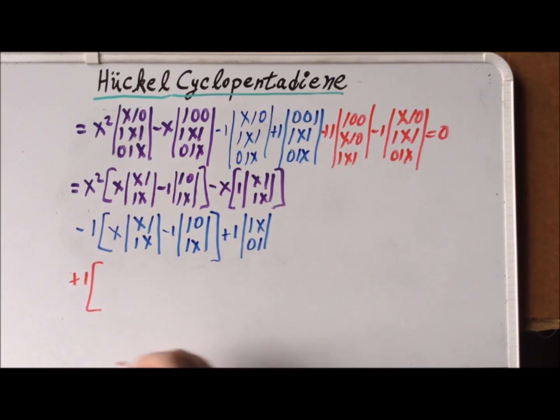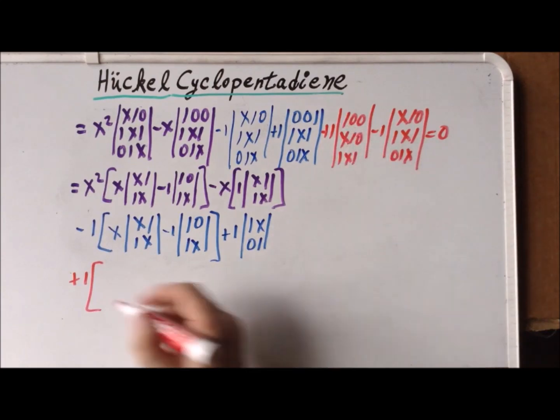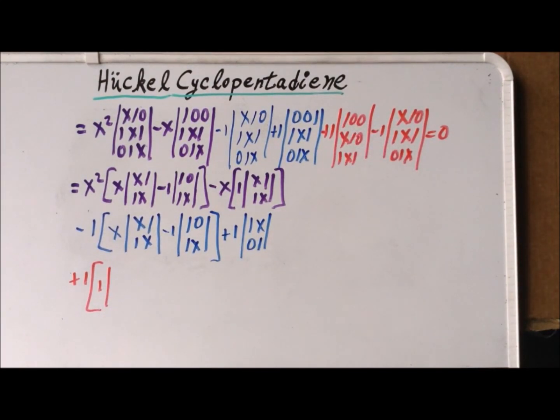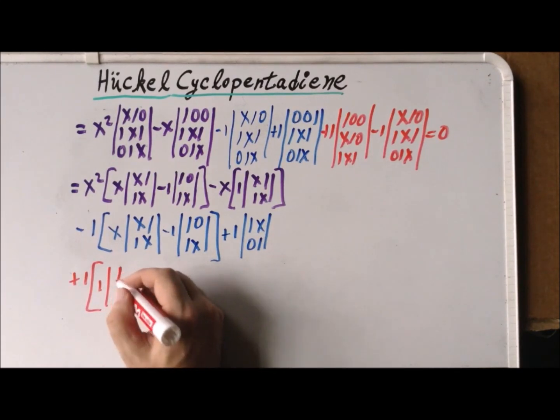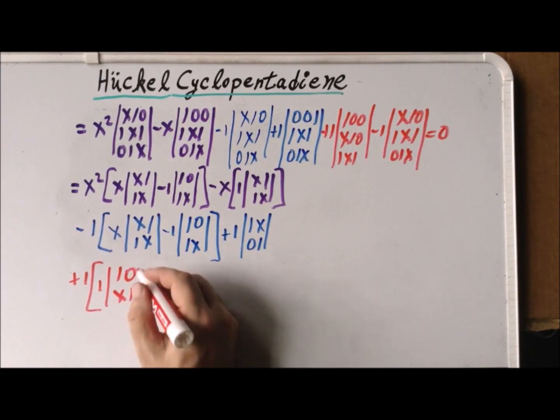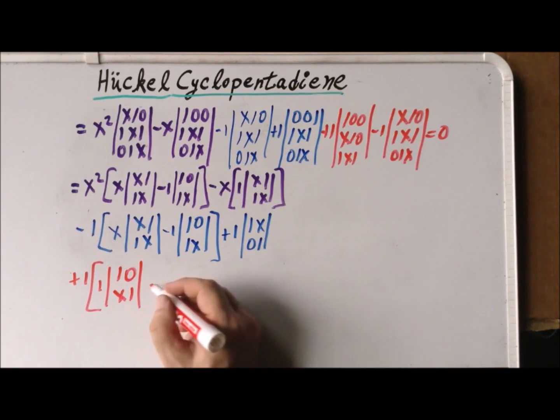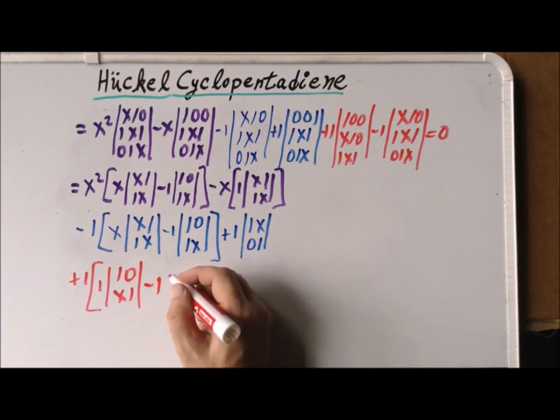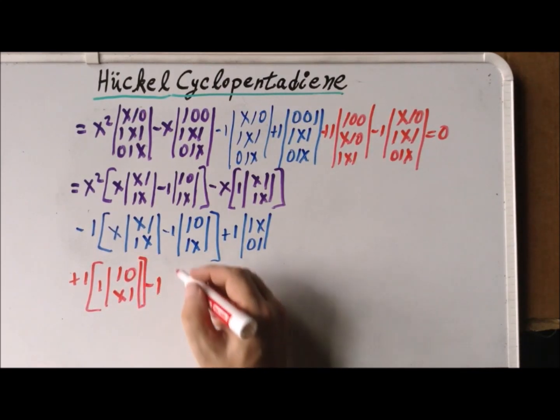Our coefficient is a 1. Essentially, we're going to expand across the top because we only have one non-zero entry there. Now our coefficient here is a minus 1. Our first coefficient is going to be an x.